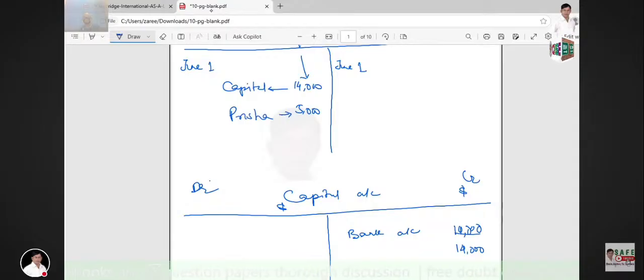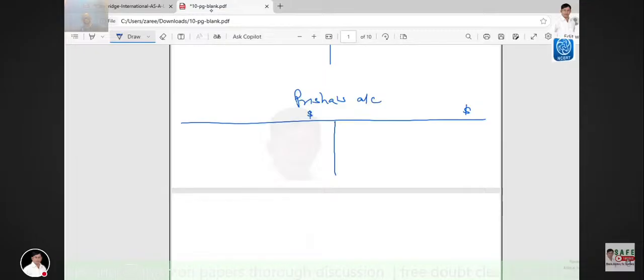Prisha's account will be credited. Why? Because she has given money to the business. So this is how we have to do it.